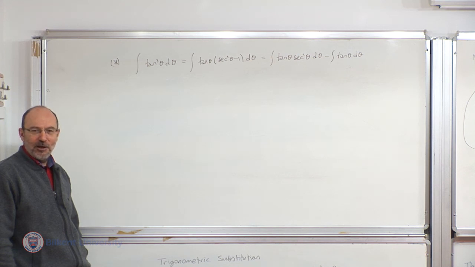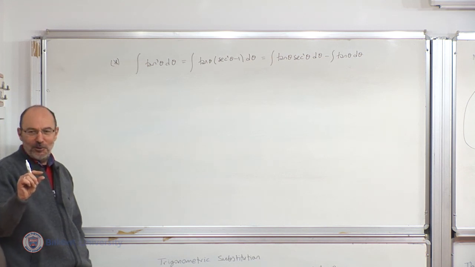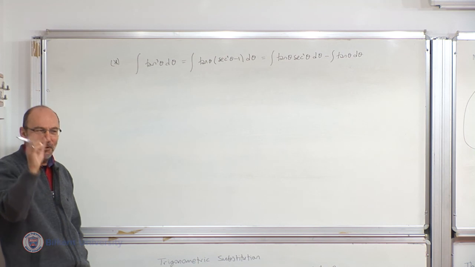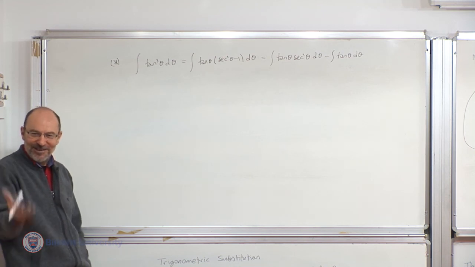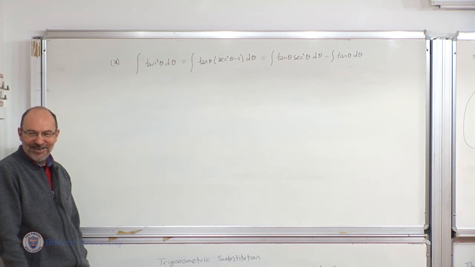I heard the correct answer, but at such a small decibel that not even the camera heard it. Tangent what? The derivative of tangent is secant square. And if we say u equals tangent, no, before that, you should immediately see that this is the derivative of something without going any further.